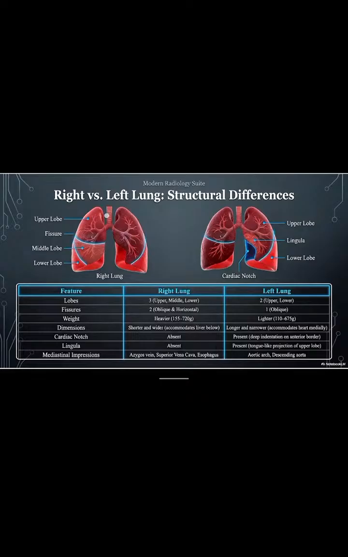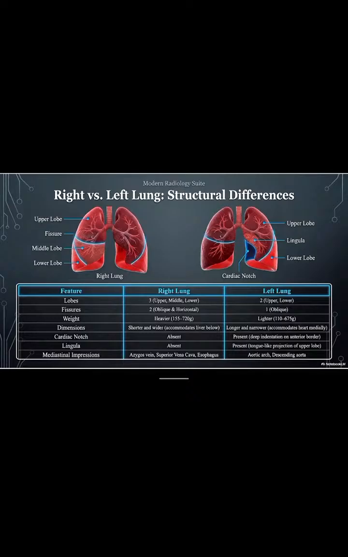When we talk about the dimensions of the lungs, we are trying to explain the size and the measurements of the lungs. The right lung is shorter and wider. If you take a good observation of the lungs, you see that the right one is shorter and wider, as in a standard anatomical textbook such as Gray's Anatomy.